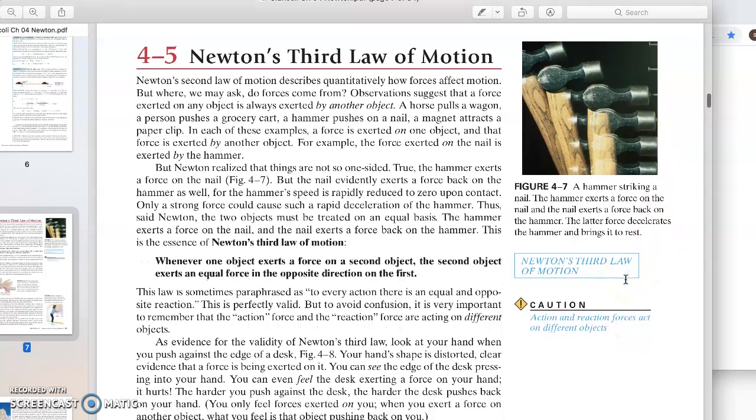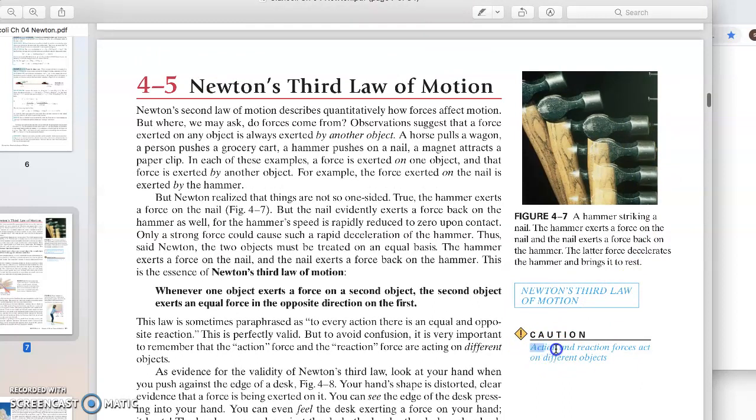Now, one very interesting point about the action and reaction, or Newton's third law of motion, is that the action and reaction forces act on different objects. This is very important. Let me emphasize: the forces are acting on different objects.